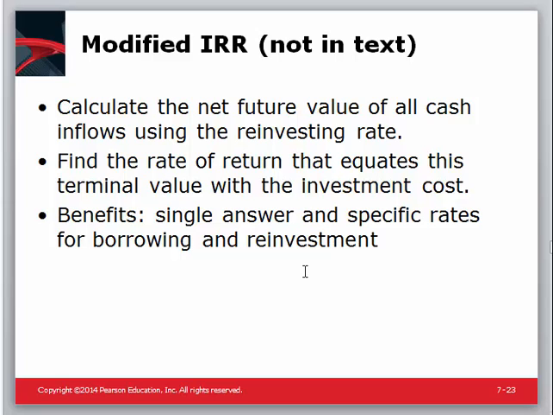There are some other techniques. There's one called the modified internal rate of return. And I like the modified internal rate of return because it helps us solve some issues. And those issues have to do with some of the problems of the internal rate of return number. And essentially this is how it does this calculation. It sets the net investment as the present value, and then it calculates the future value of all future cash flows invested at whatever the reinvestment rate is.